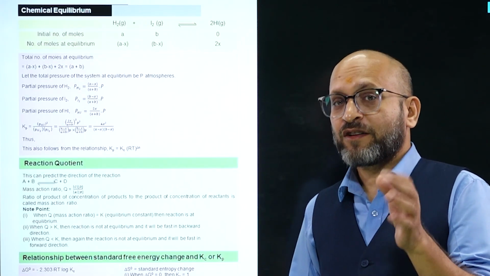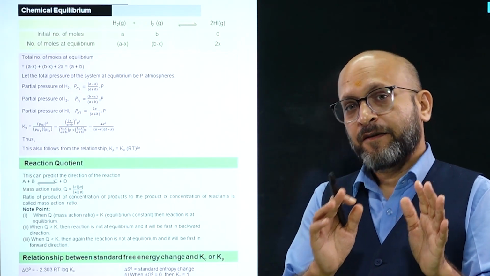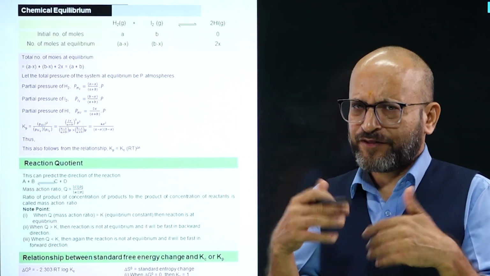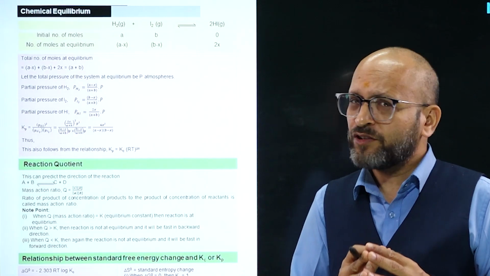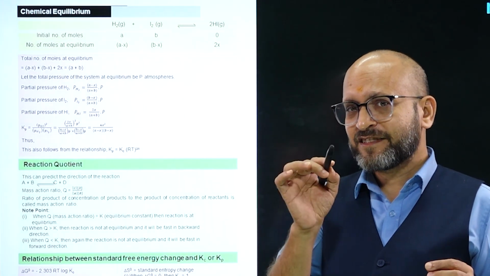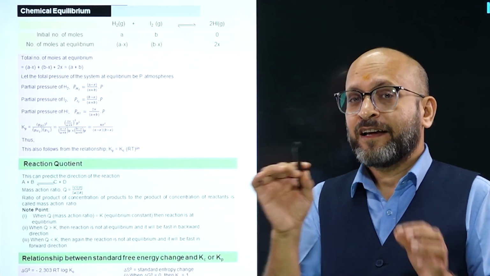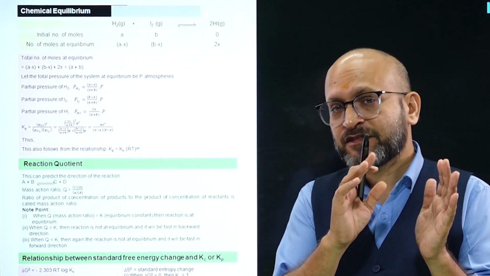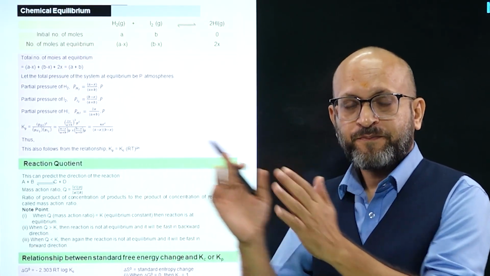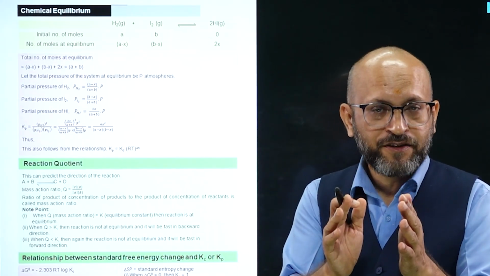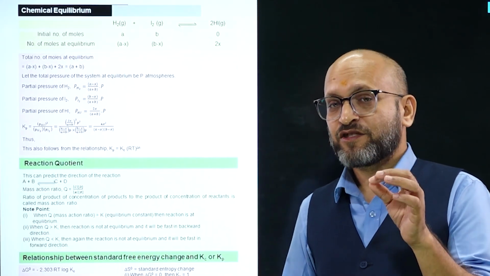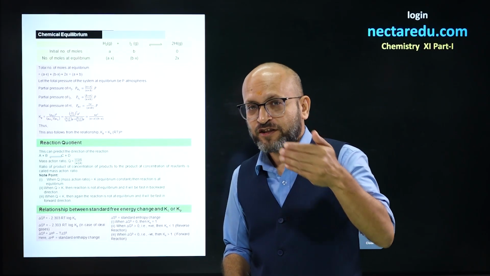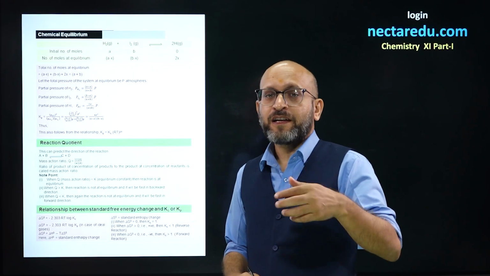If somebody asks you whether a reaction is spontaneous or not, what will you say? You will see if delta G naught is negative or positive. If delta G naught is negative, that means reaction is feasible, possible. If delta G naught is positive, that means reaction is not possible. Alright. So delta G naught tells us whether a reaction is possible or not possible.